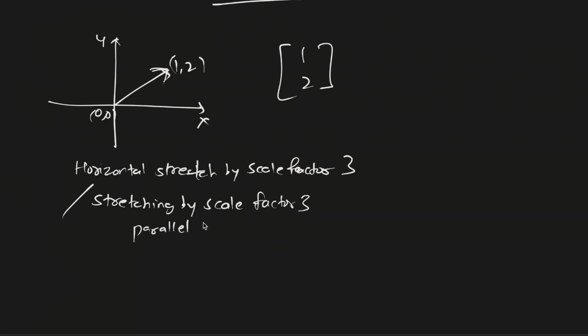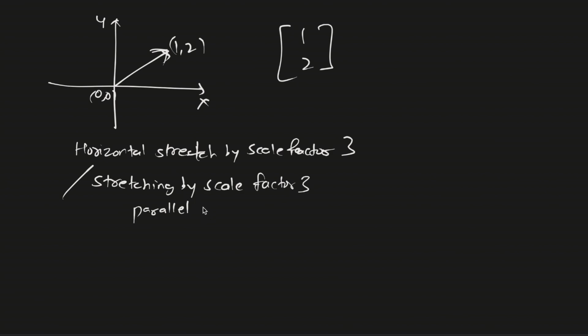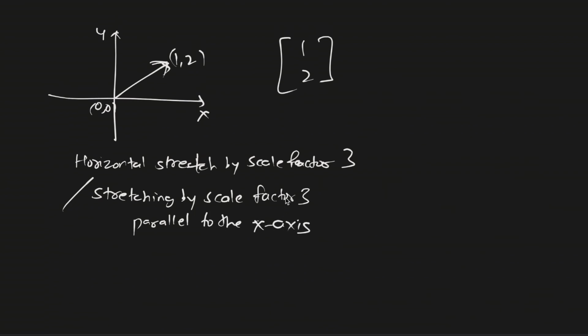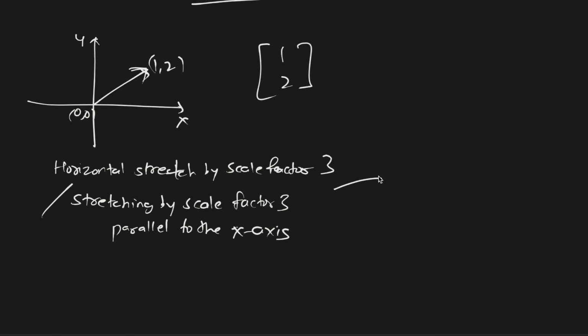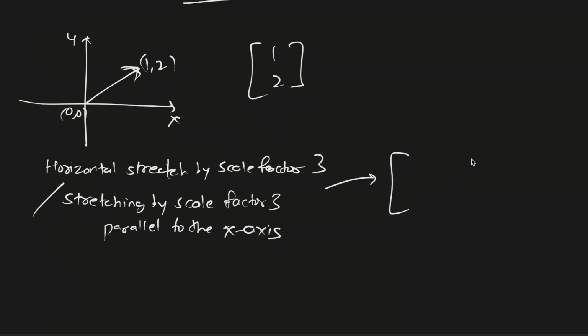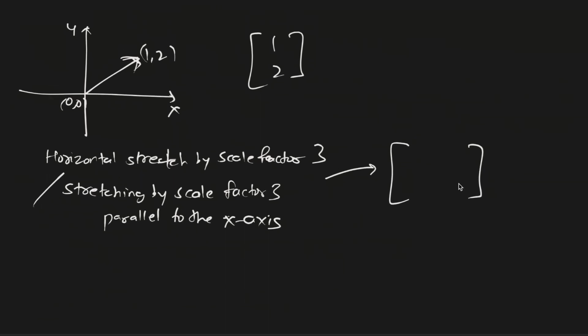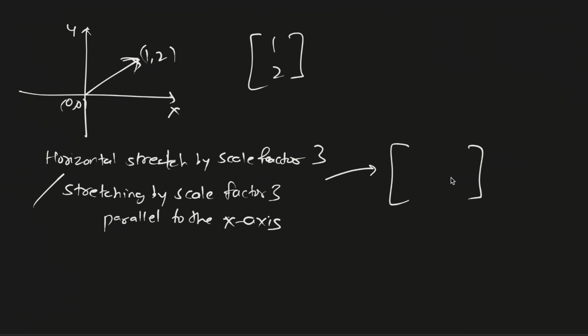So the same transformation can be stated in 2 ways. Okay, so now let's see how to achieve this transformation. To achieve it, we have to find the transformation matrix. And we'll see later how to find the individual transformation matrices, but as of now, I'll just state the matrix directly. So this is the horizontal stretch by scale factor 3 about the x-axis matrix.